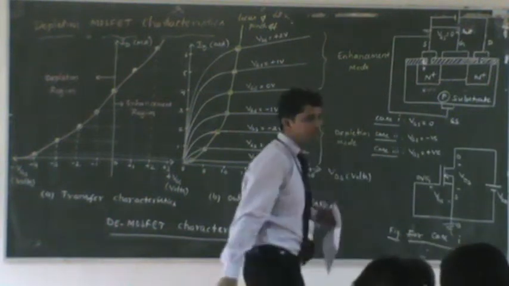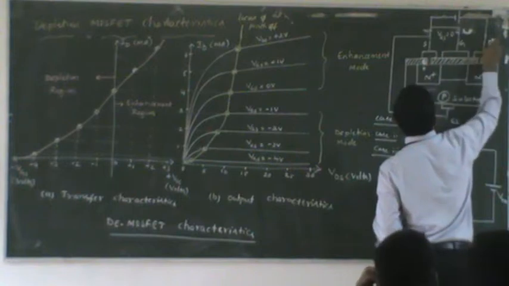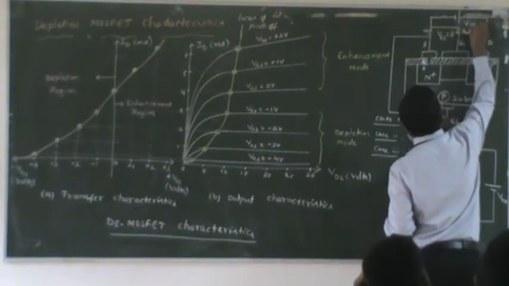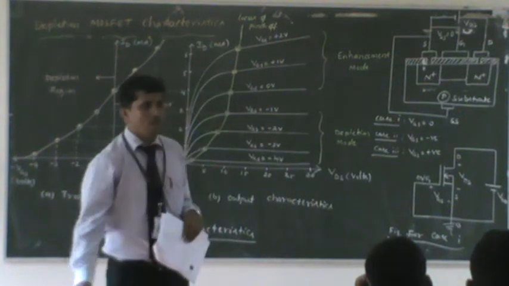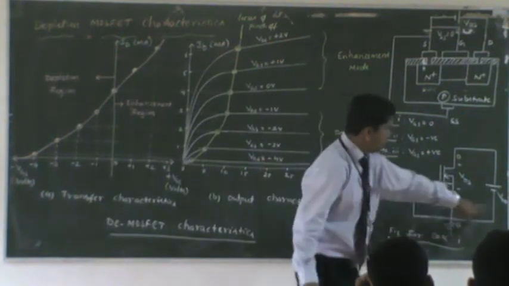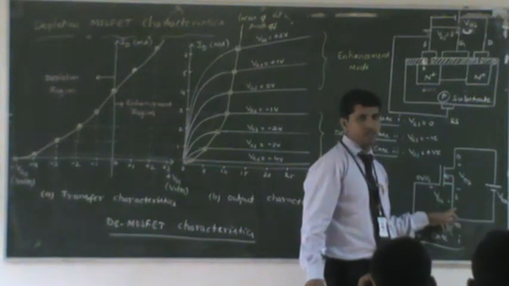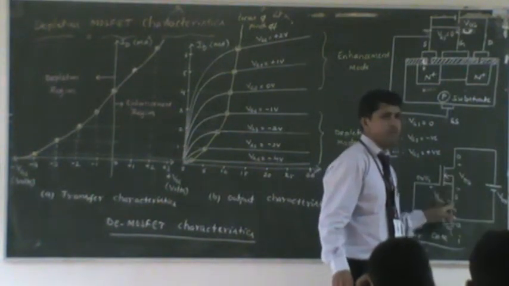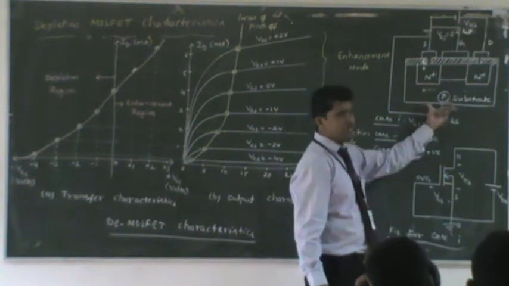Is it clear? Since it is applied between drain and source, instead of calling it VDD, let me call it VDS. Because VDD is a power supply, and this power supply creates the drain source voltage. You understand? For this particular circuit, the device is shown.